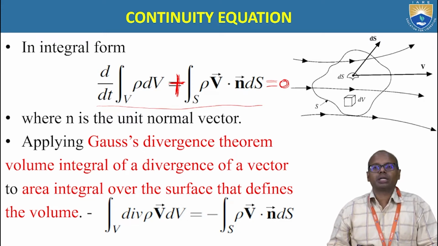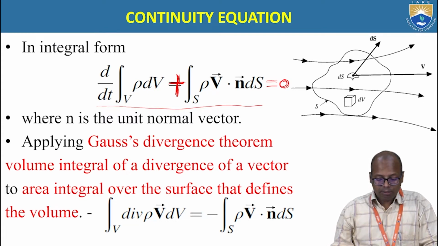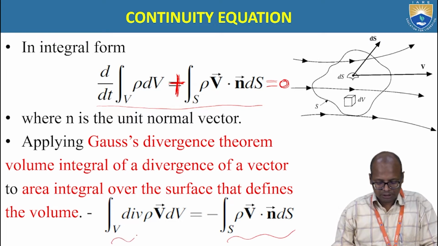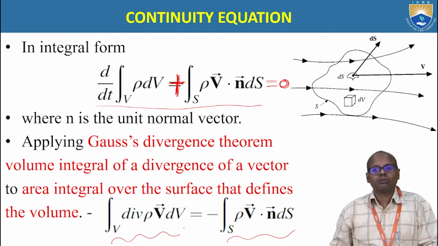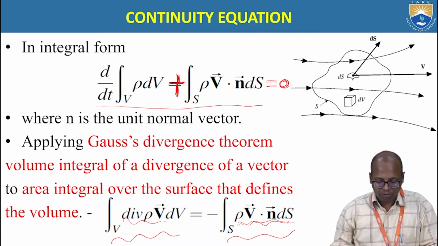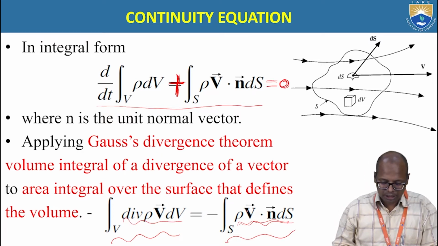So what we are doing here, again, is applying the Gauss divergence theorem. What the Gauss divergence theorem says is that the surface integral can be converted to the volume integral if I differentiate the inside term. If I differentiate this integrand, I will get the volume integral.